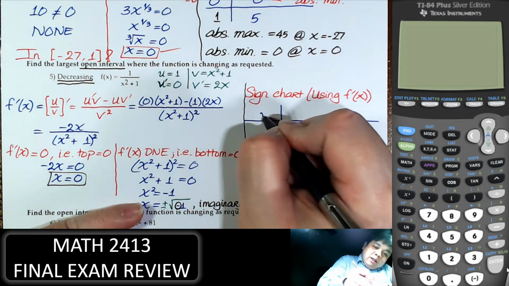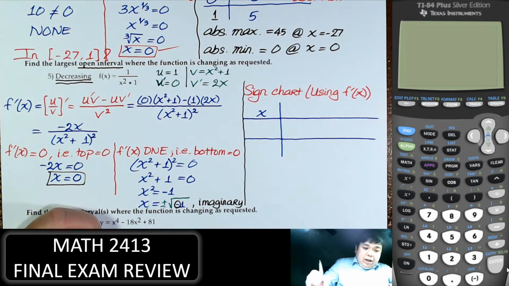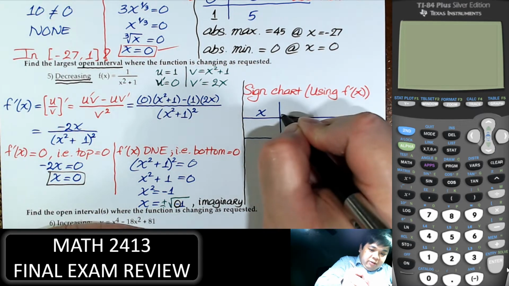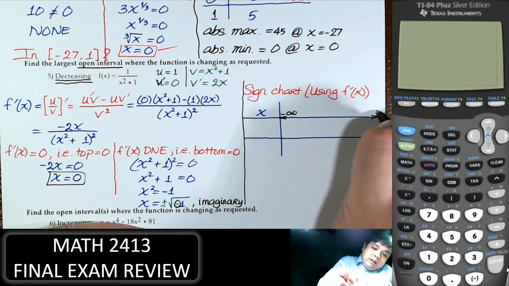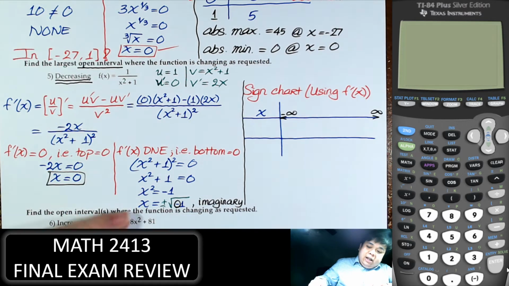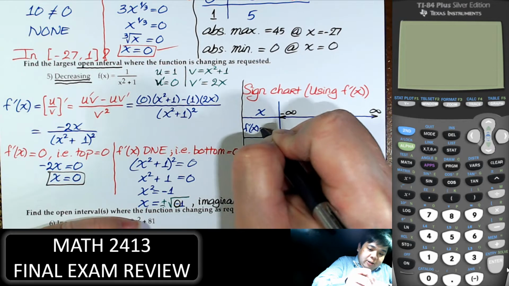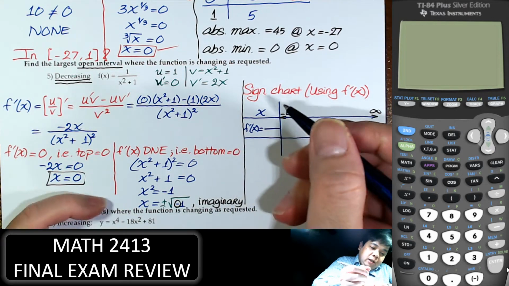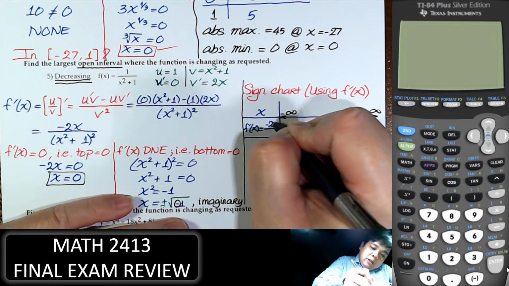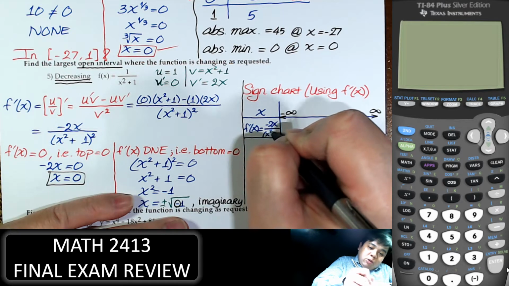So we have x. x will take the values from negative infinity to infinity. And then here we put the derivative: negative 2x over x squared plus 1, squared.